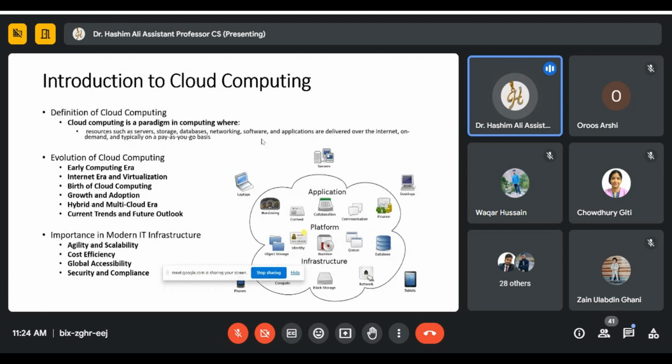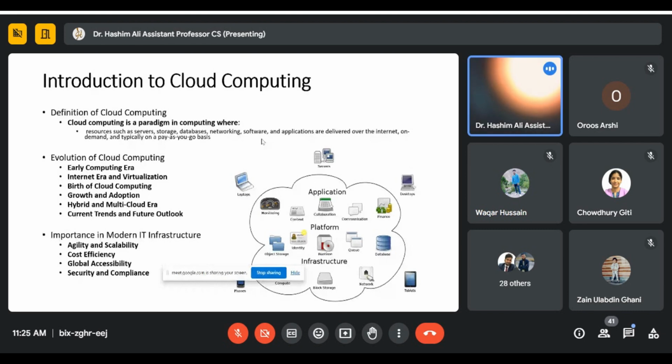Then we have global reach and accessibility. The main theme of cloud computing is that it is available globally. Cloud computing allows organizations to reach customers and users who are available worldwide, regardless of their geographical location.